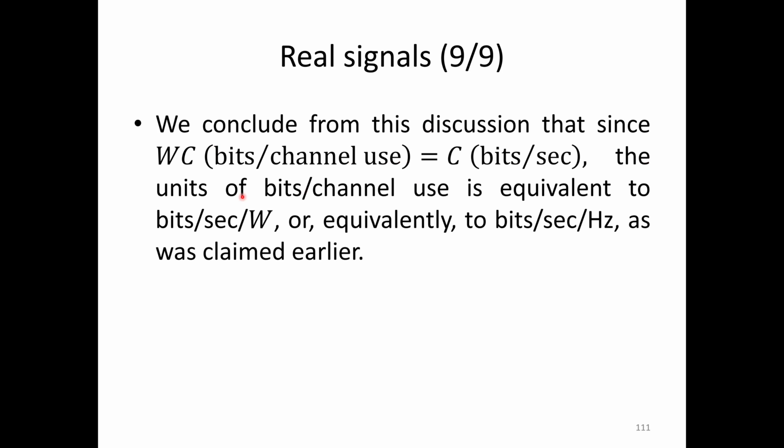So the unit of bits per channel use is equivalent to bits per second per W. This is bits per second, and we move the W to the right hand side of the equation. So on the right hand side the unit is bits per second per unit of W, that is the bandwidth, or equivalently bits per second per hertz, as was claimed earlier.